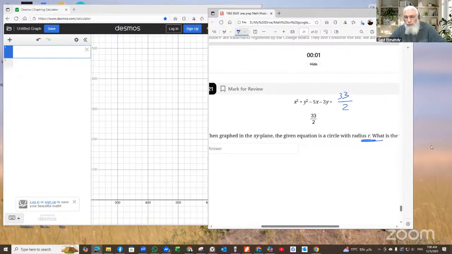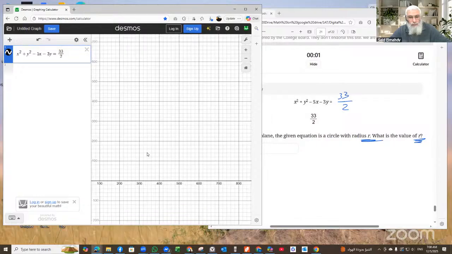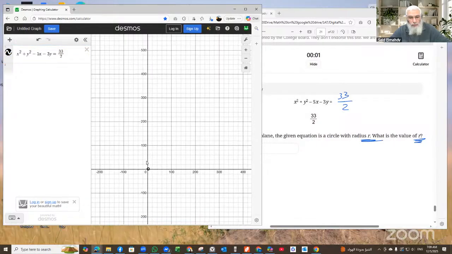Sometimes it will be a fraction. Let's do this: x squared plus y squared minus 5x minus 3y equals 33 over 2. This is the circle here.